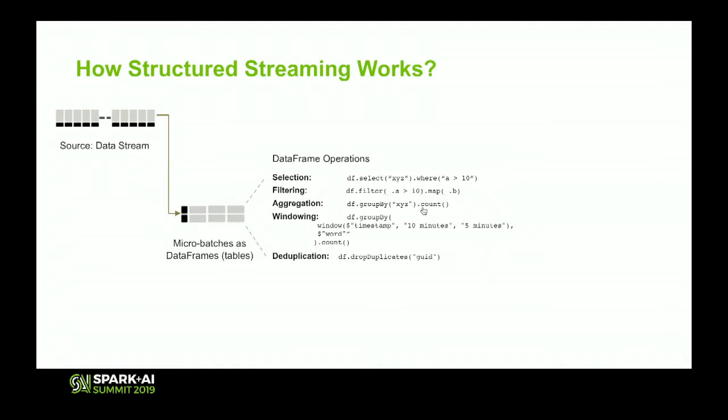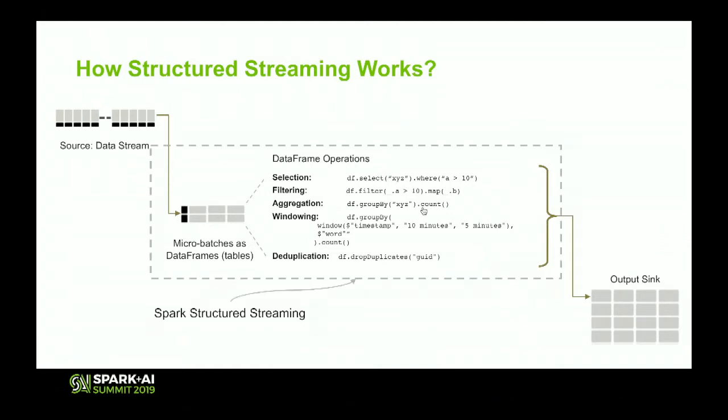So you can run many queries on your micro batches. And after you do that, you can dump it to an output sink. So you have source, you have sink, and in between, you're getting micro batches, and you're operating on those micro batches as if they're all data frames, and you're running queries. So that's what is structured streaming. And it does many other things, but from a basic point of view, that's what it is. Right? It's simple.